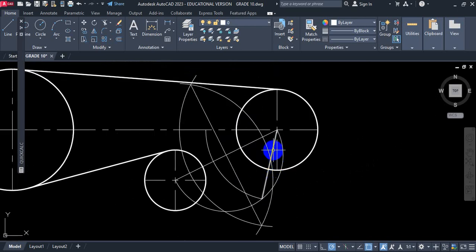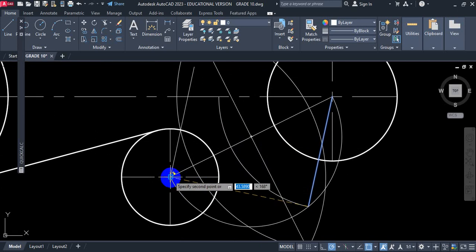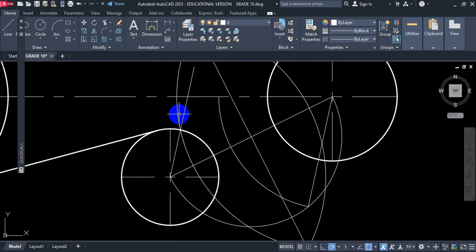This line, which is a construction line, must be taken to the opposite circle by sliding method. Right, let me quickly remove this from our way.